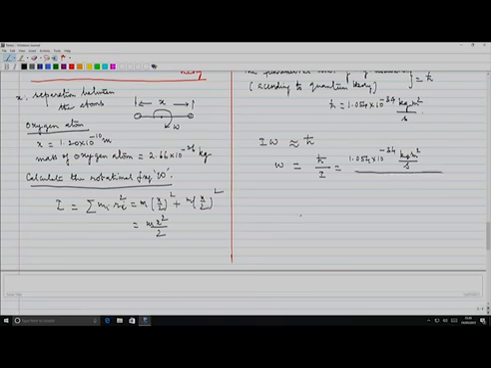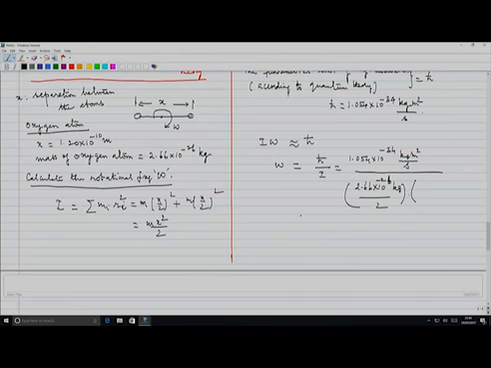This is divided by the moment of inertia, which I have calculated as m x squared by 2. M is 2.66 into 10 to the power of minus 26 kilogram, divided by 2 into x square.